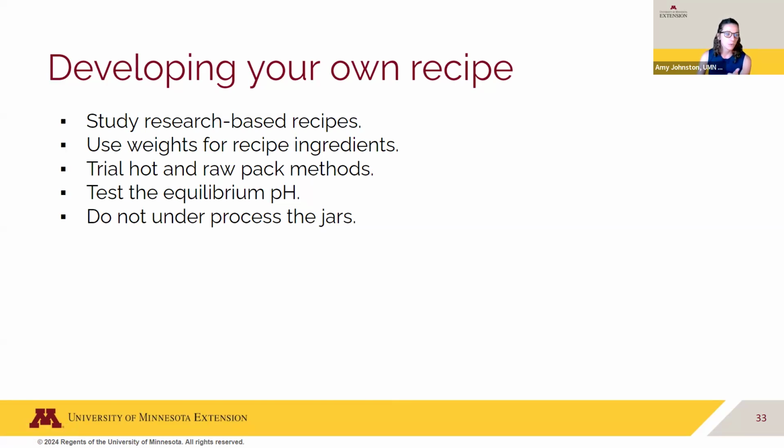And then again, the processing time is determined by how long it takes for food in the slowest heating part of the jar to reach the temperature that's needed to inactivate pathogens and create that vacuum. Like we saw on the previous slide, that spot is going to vary in the jar depending on the type of product. So that food lab will be able to help test that and make sure that it is safe.